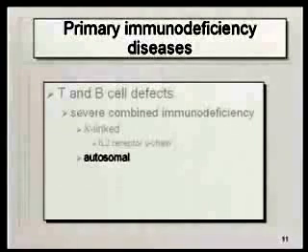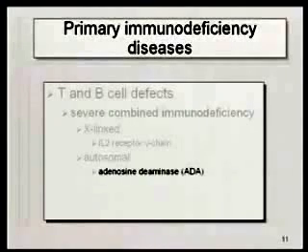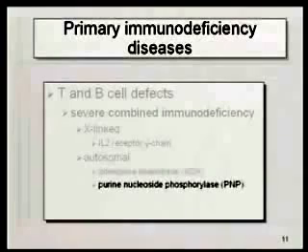So the consequence of that is a lack of both T and B cells. In the autosomal kind of severe combined immunodeficiency, there are several reasons why this defect occurs. One of them is lack of adenosine deaminase and purine nucleoside phosphorylase.